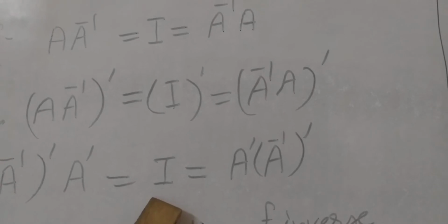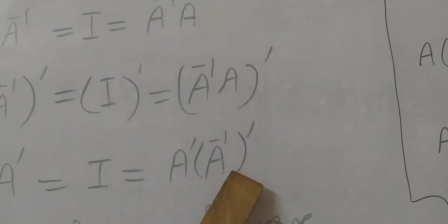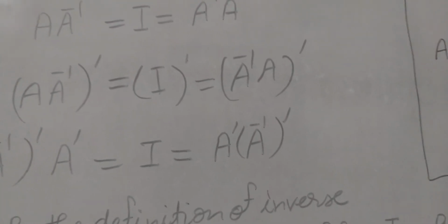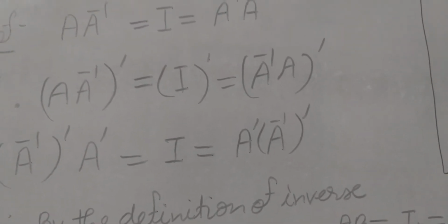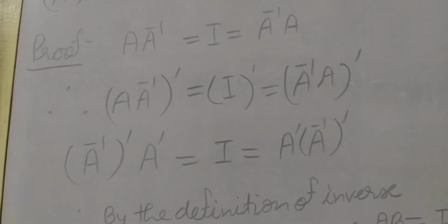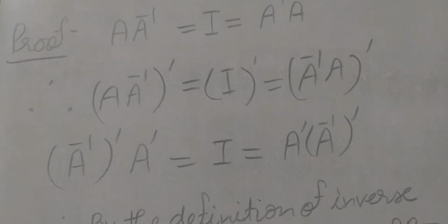I transpose is always I. Here, first we have to write A transpose into A inverse transpose, because we know that (AB) whole transpose equals B transpose into A transpose. That's why I have written this.